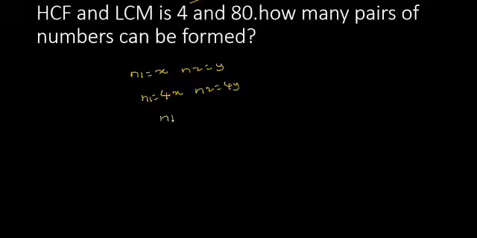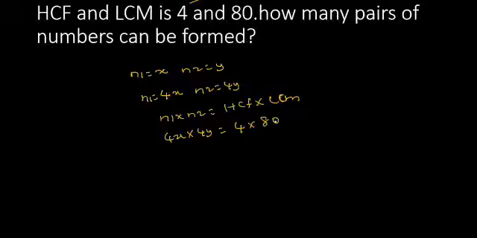So n1 into n2 is equal to HCF into LCM. Now closely observe this. n1 is 4x into n2, which is 4y, is equal to HCF 4 into LCM 80.